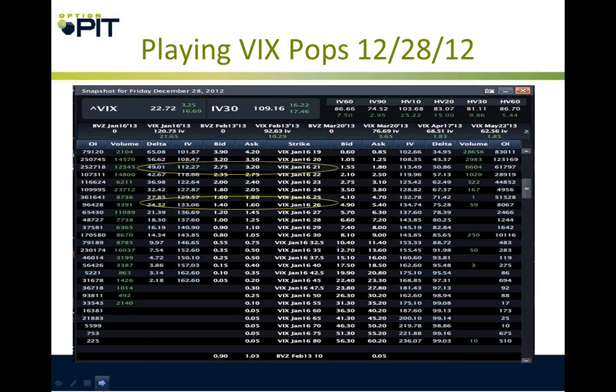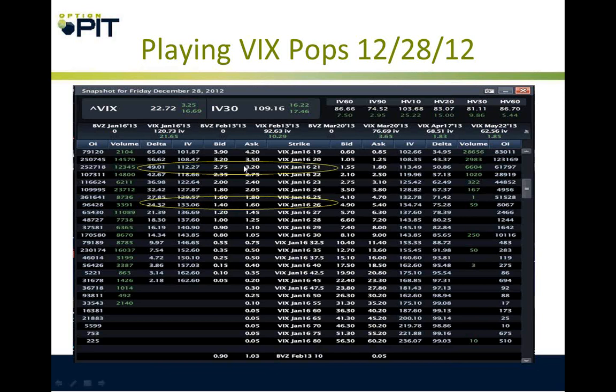And so when the VIX truly pops, a trade that many people like to do is called a 1x2. Look, the VIX is trading 22.72 here. I can buy the 21 calls for $3 that are in the money by $1.75. And against it, I can sell 2 of the 26 calls at $1.50.